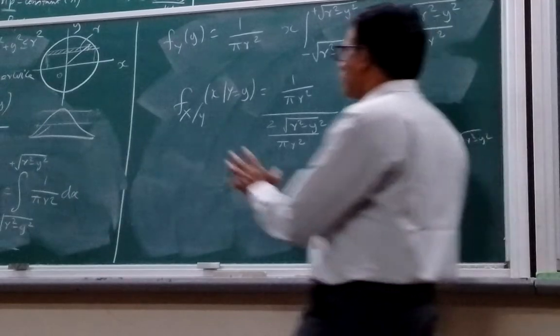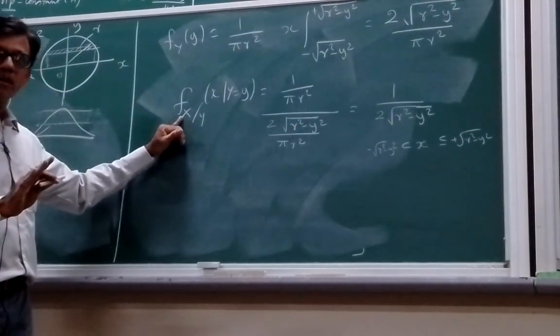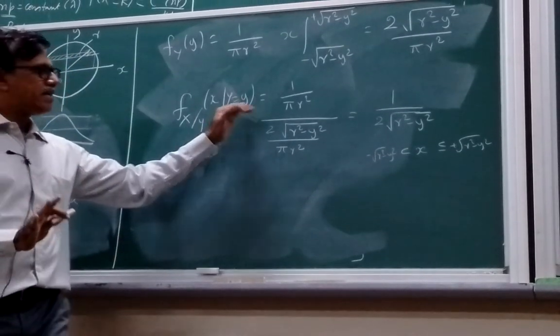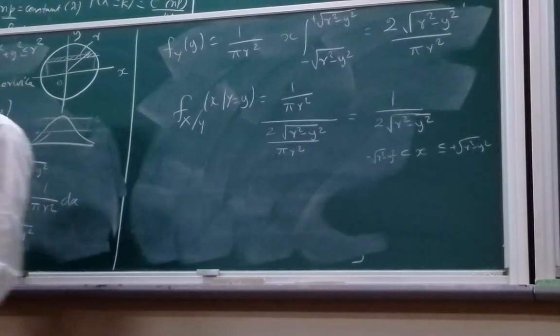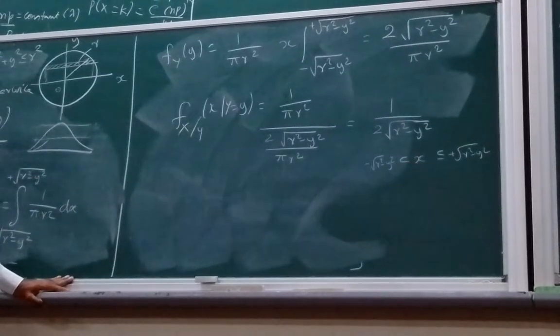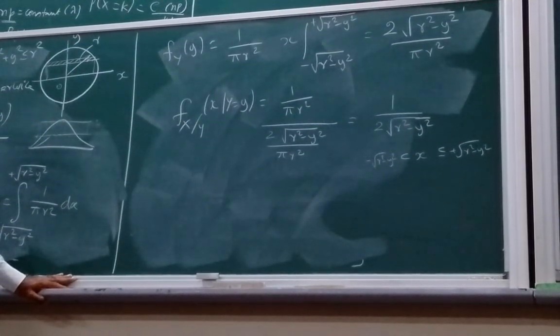So what we are saying is, the conditional density function of x given y takes the value small y is given by this. Is this uniform or not uniform? I need an answer.